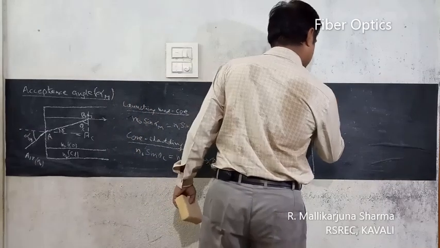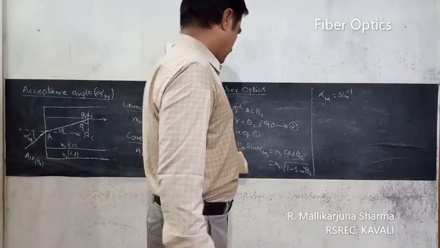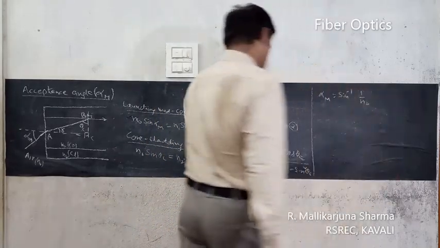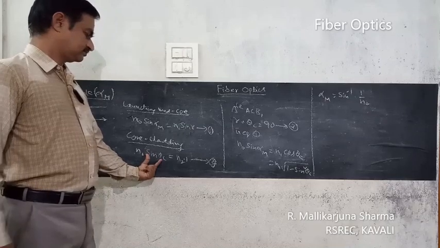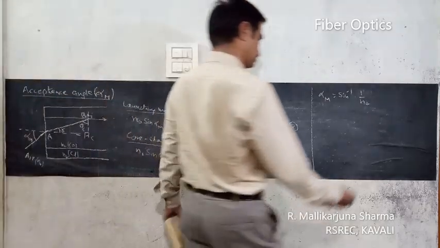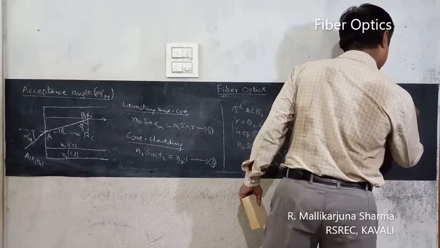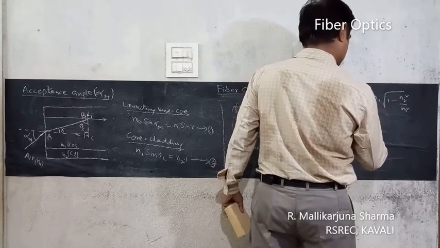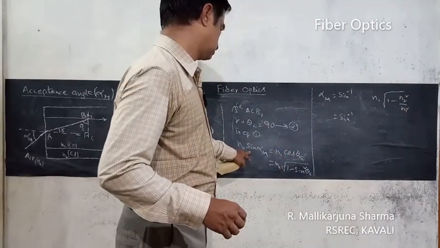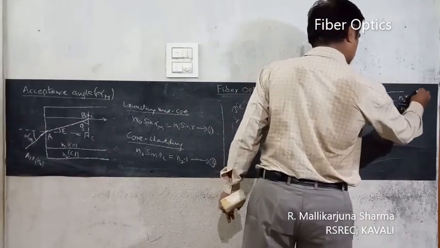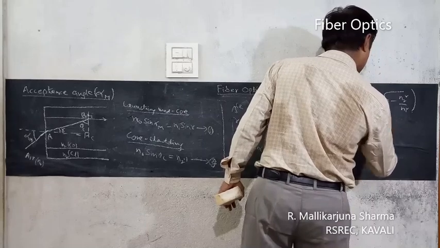So alpha m is equal to sin inverse of n1 by n0 times root of 1 minus n2 square by n1 square, which gives sin inverse of root of n1 square minus n2 square divided by n0.